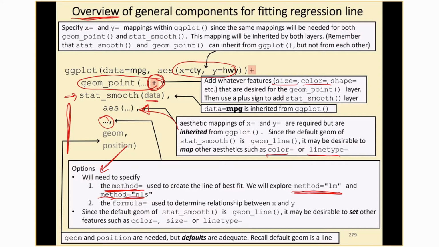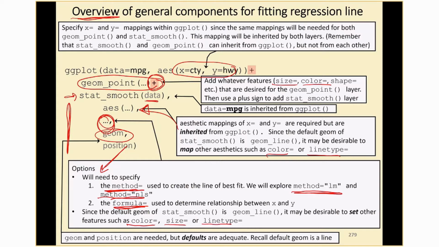And you're also going to have to specify a formula equals to determine the relationship between the Y and the X axis. So you can also remember the default geom is a line. And so as options, you might want to specify things, set things such as color, size, or line type.